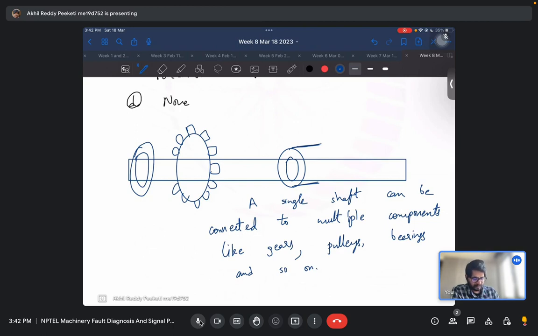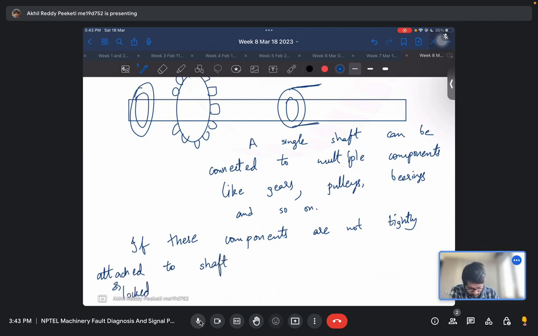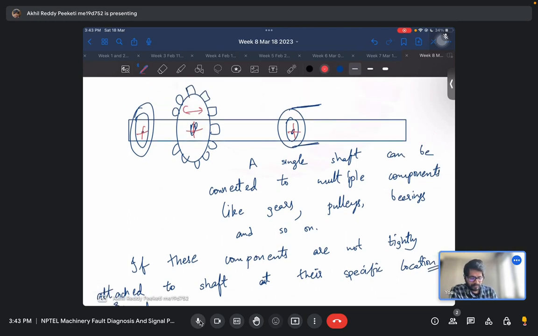Now, if these components are not tightly attached to the shaft, or locked to the shaft at that specific location, that is here, here, here, then they can actually move in the axial direction.